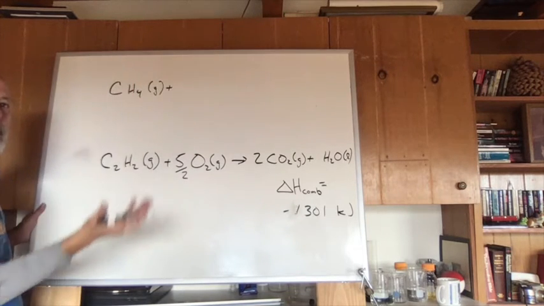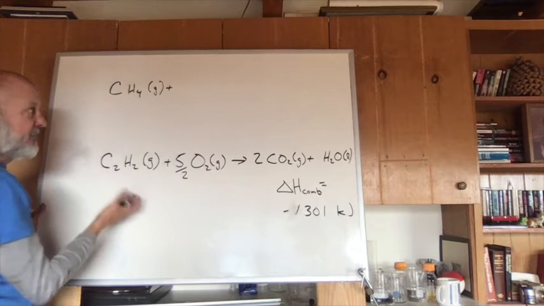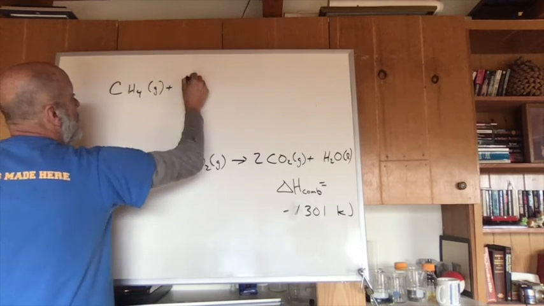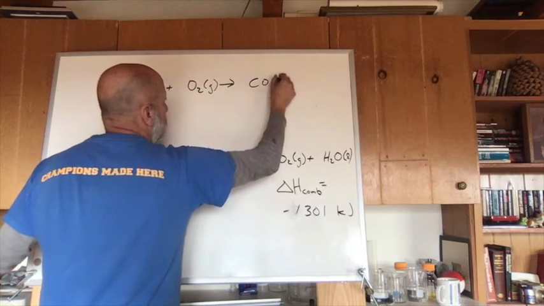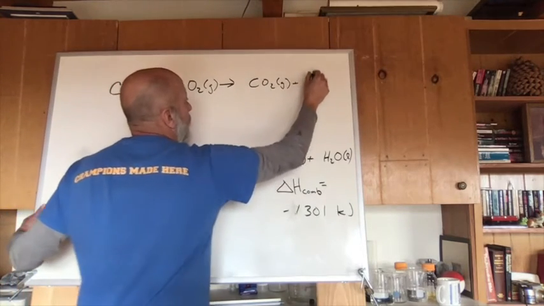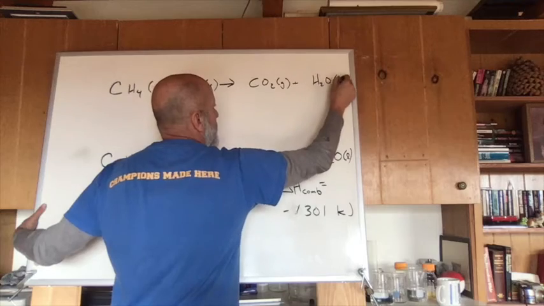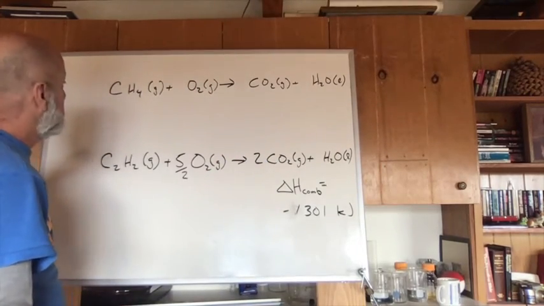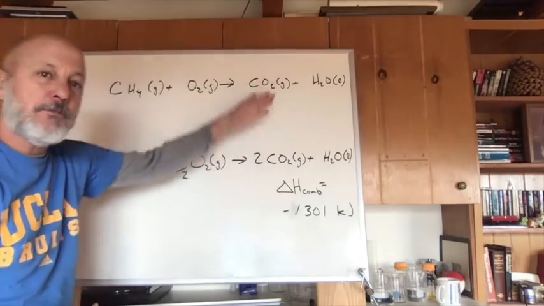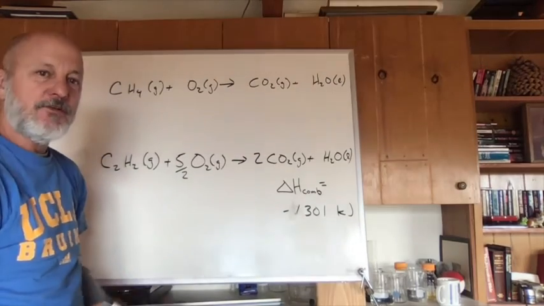Methane gas is used all the time. It's easier to get than acetylene, which is just more expensive. O2, CO2 gas, and water liquid, going with standard states at room temperature. So I'm burning it, and then for both of these, burning it and then bringing the contents down to room temperature.